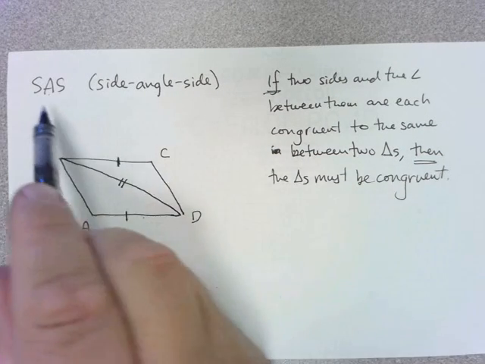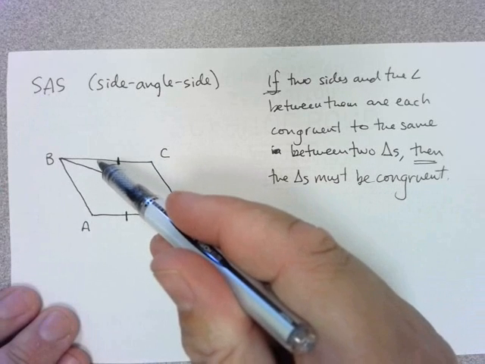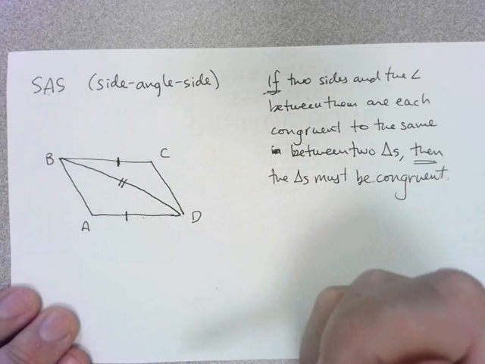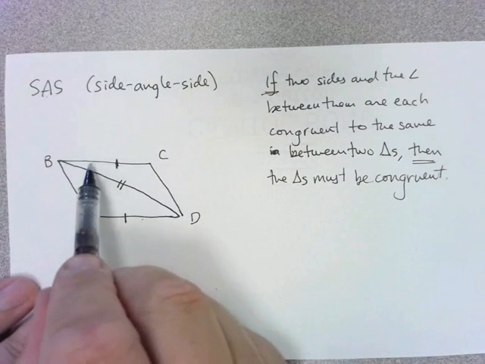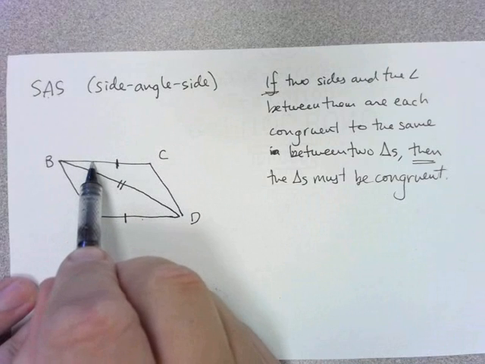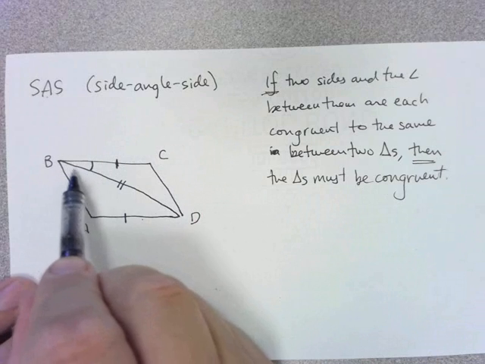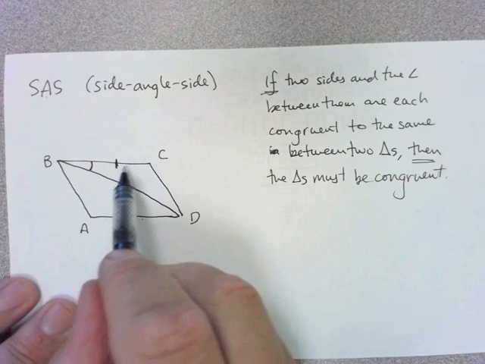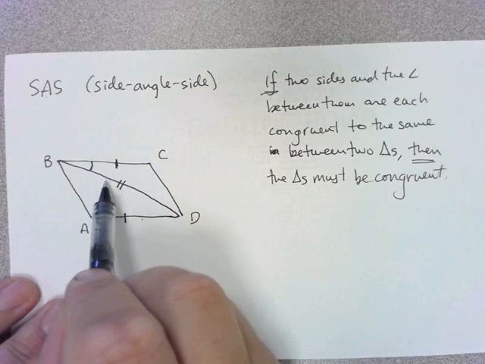Let's say I add to this the angle that touches the two sides in each triangle. So what I mean by the angle that touches is literally if you draw the arc that represents the angle, that arc will touch both of the marked sides. The angle goes from one of those sides to the other. It's between these two sides.